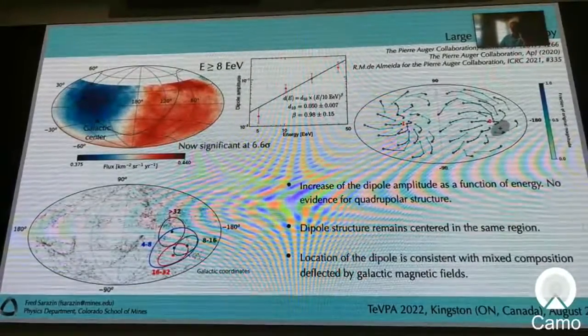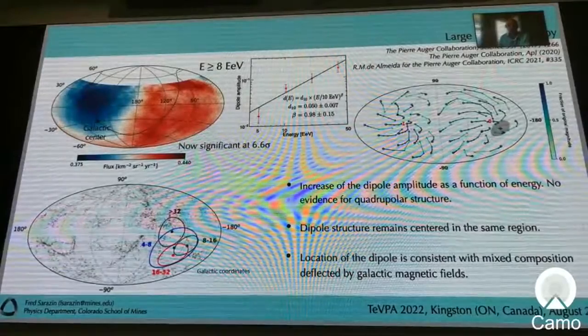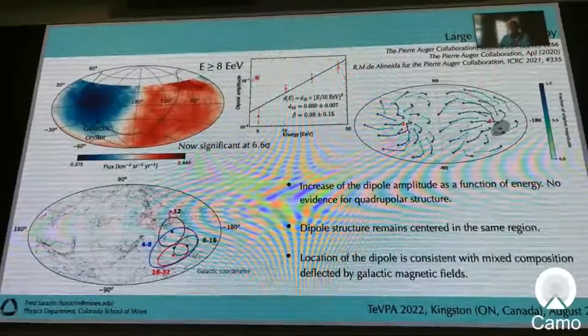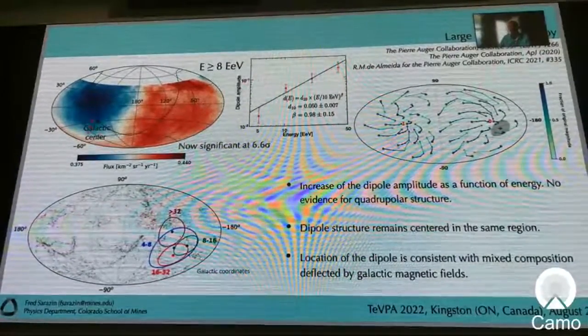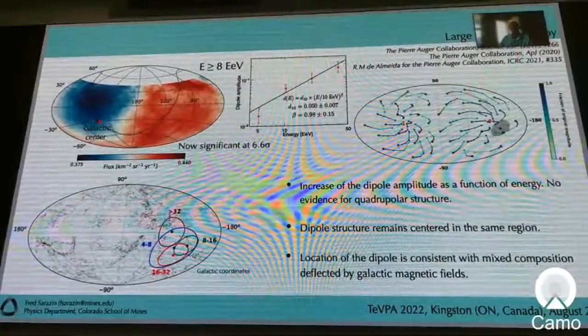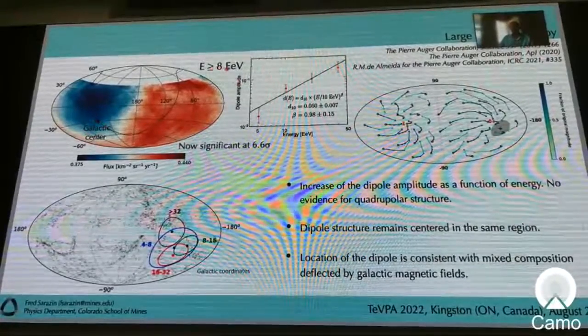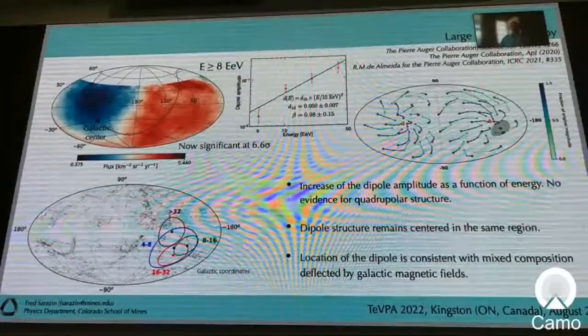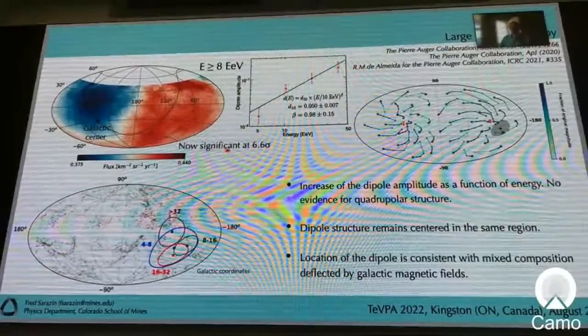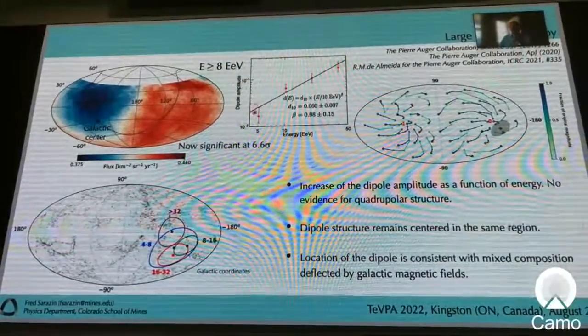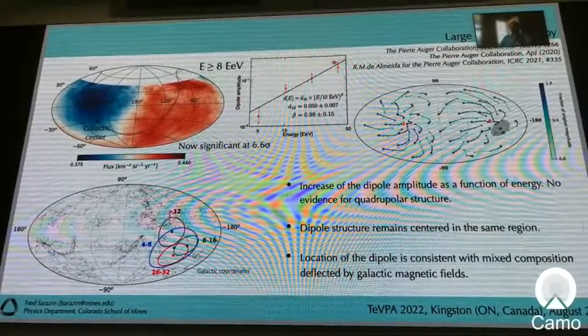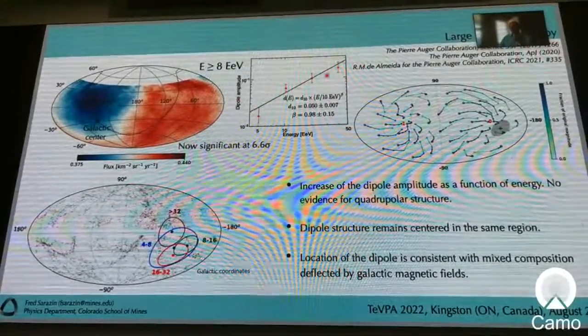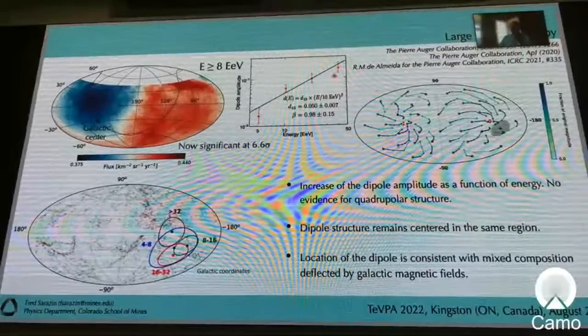So you're probably aware of the recent results of Auger, which is the discovery of the dipole that is not centered around the energy center. Now, the energy of this dipole is not 6%, but it's highly significant at 6.6 sigma. The dipole amplitude actually increases in energy. This is observed, and that's the level of significance here.